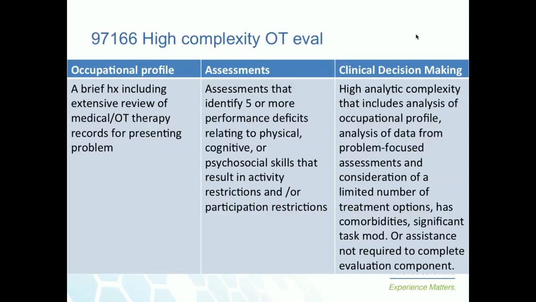And then high analytic complexity that includes analysis of the occupational profile, analysis of data from the problem-focused assessments, and consideration of an increased number of treatment options, definitely has other comorbidities, significant task modification or assistance was required to complete the evaluation components.